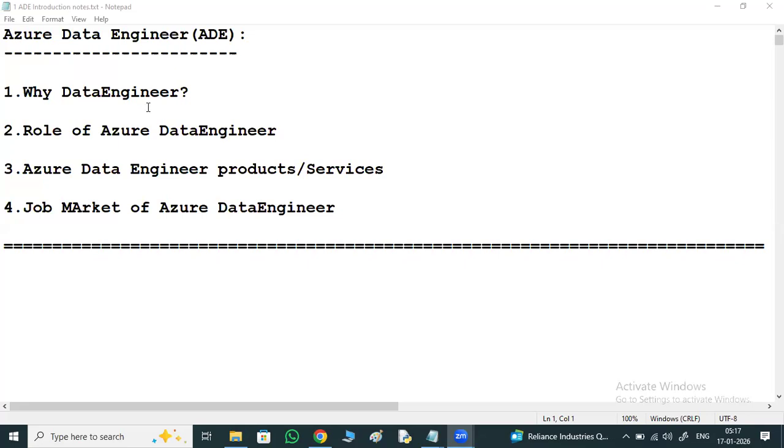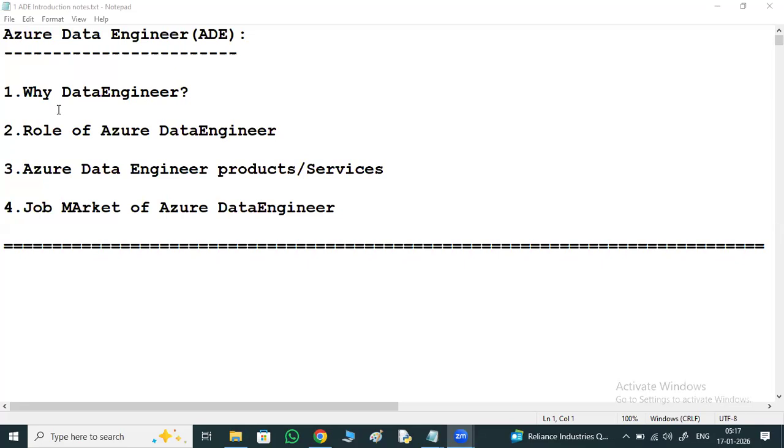So we just had an introductory session yesterday about this Azure Data Engineer. I'll take 5 minutes to recap what we discussed in the last session. So why data engineer, and how is a data engineer different from an ETL developer? If you go back 10 to 15 years, there was no concept of data engineer. We had ETL developers.